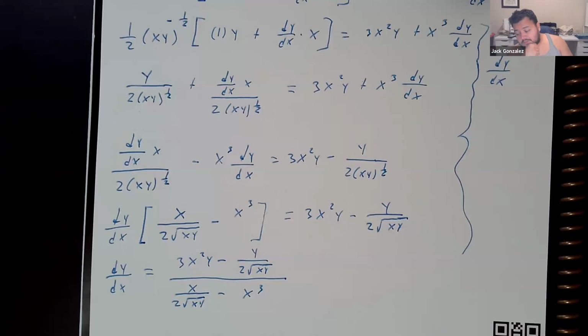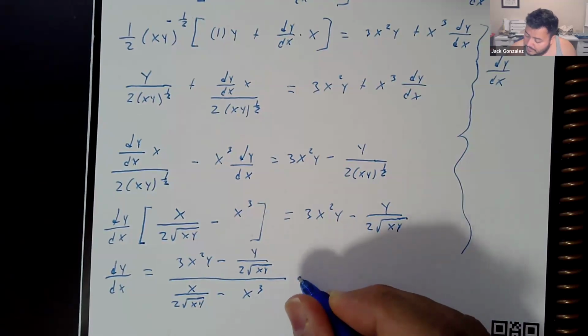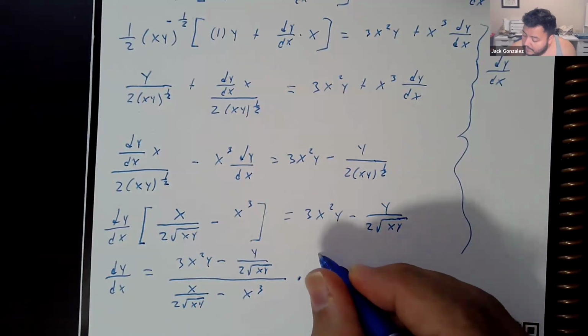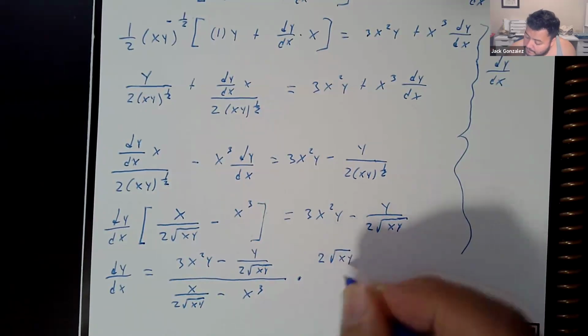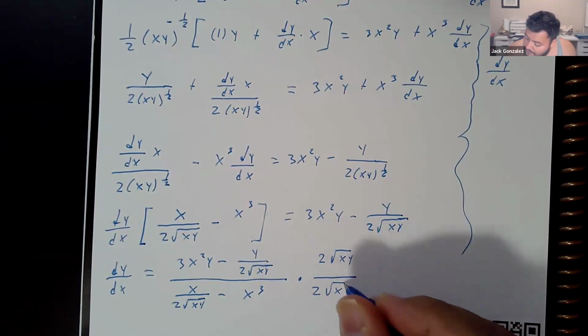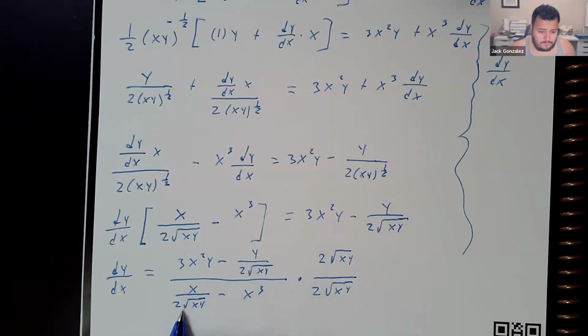But I'll show you the next step. So in order to cancel all the fractions, you would multiply the entire top by this, the entire bottom by this. So this will cancel here, and then this will be tacked on here. This will be tacked onto this, and then this will be canceling this part.